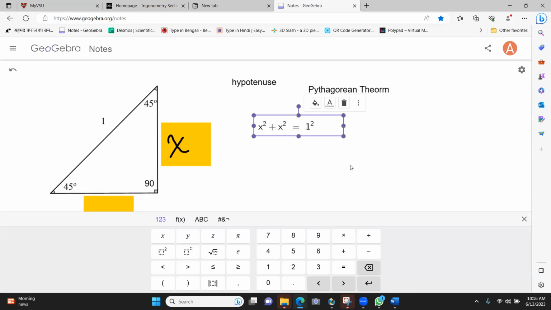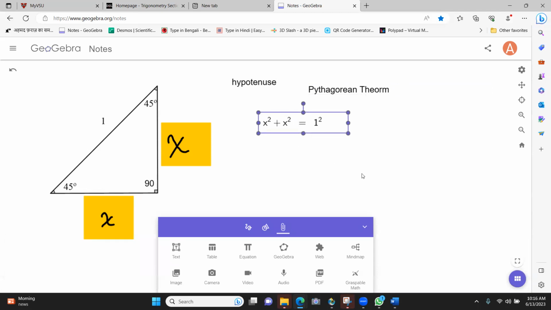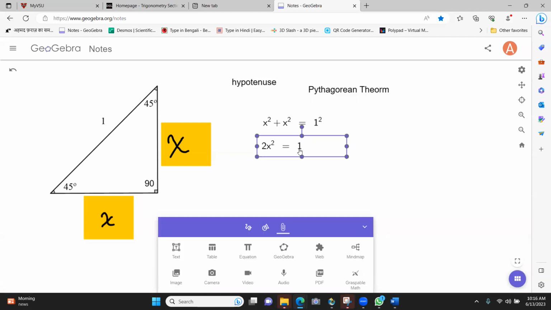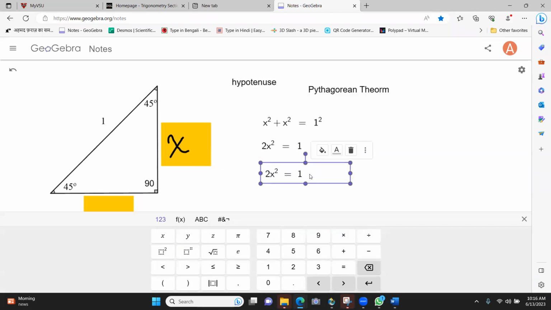And square of 1 is 1. And x squared plus x squared is 2x squared. Things are already looking much better. I'm going to divide both sides by 2. I can do that as long as I do it to both sides, I'm good.